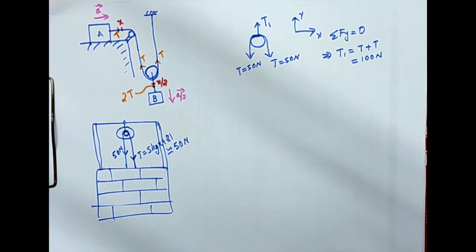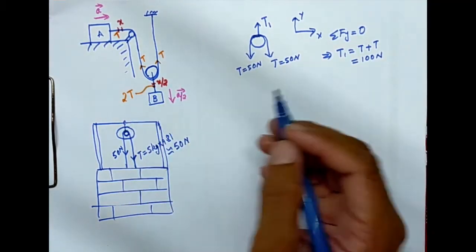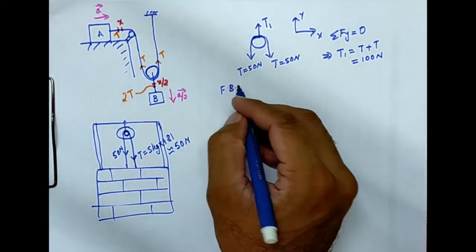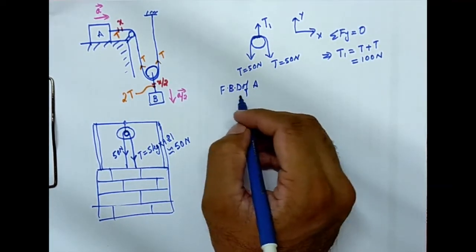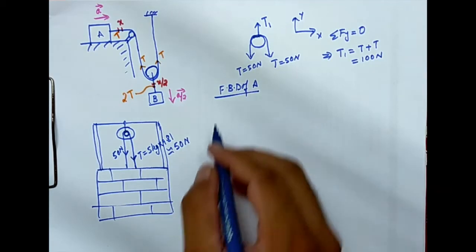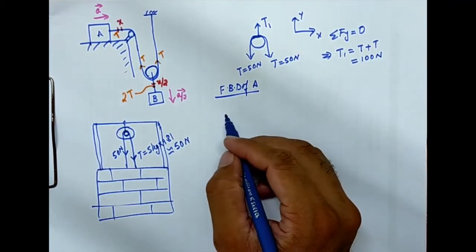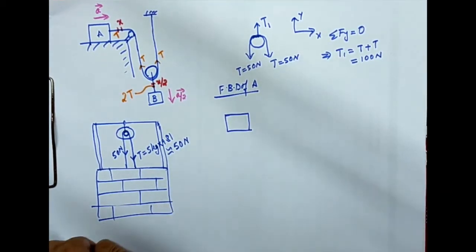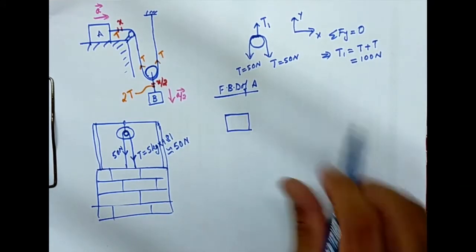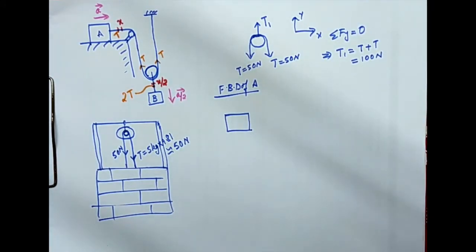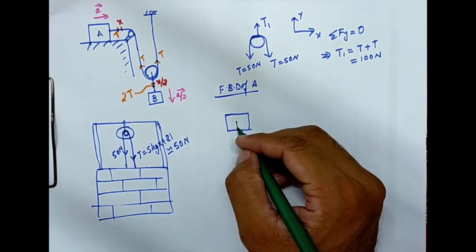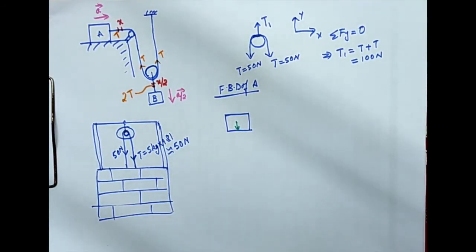So here also we are going to use the tool of free body diagram, and we can just solve it. Let's try plotting the free body diagram of each object. I'm starting with the free body diagram of, say, A. I'll have the block, and the weight of the block is acting downward. We forgot to write down the available data.